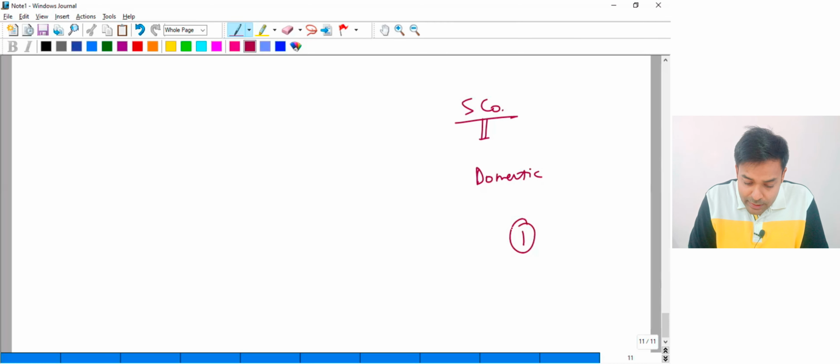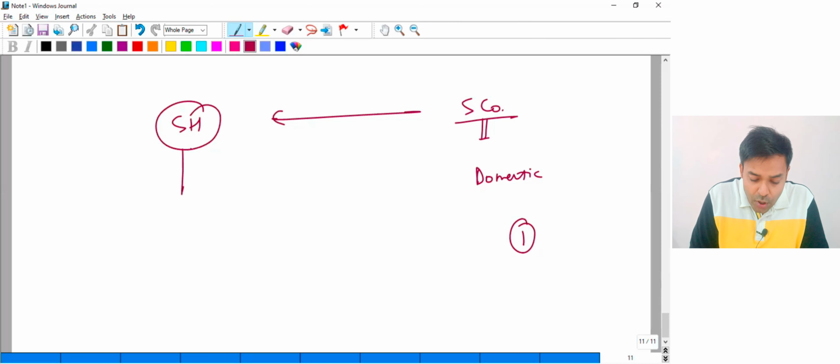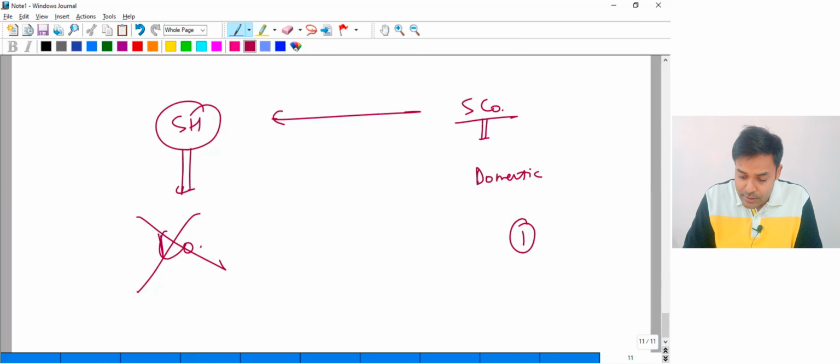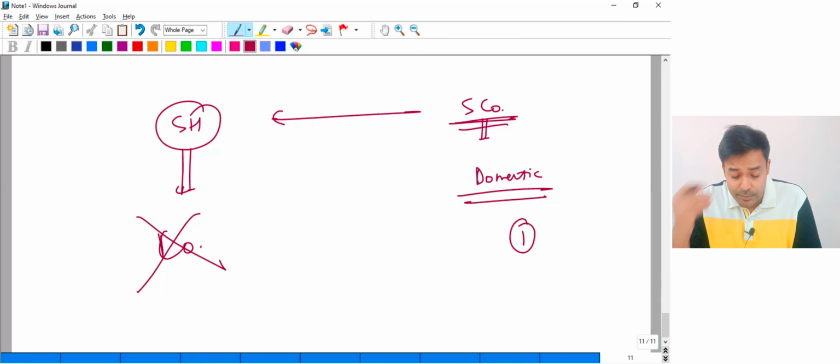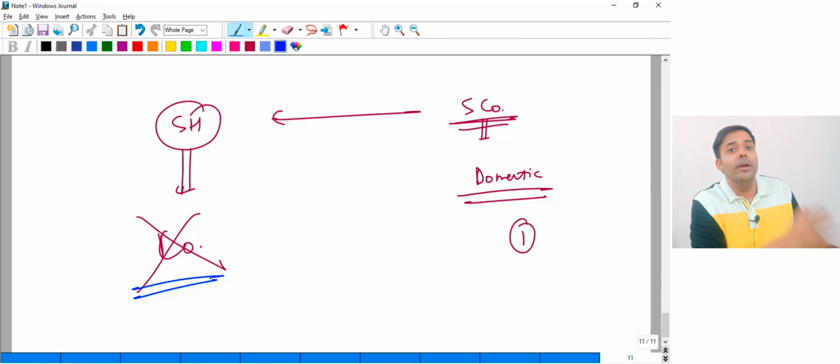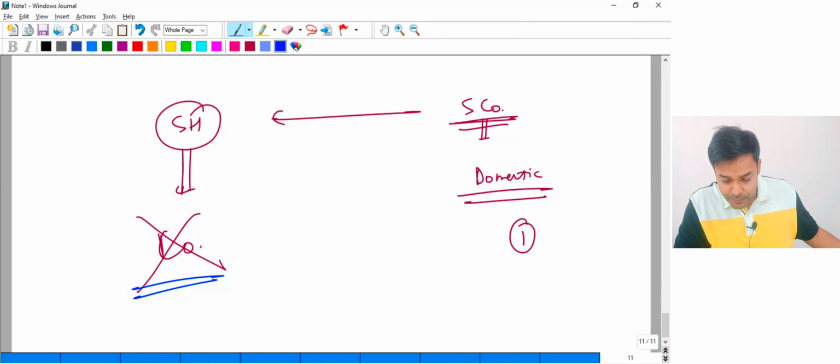In the fourth condition, we are saying that any of your shareholders should not be a company, even a domestic company. This first condition is about the S corporation being the domestic company. In this condition, we are talking about any shareholder being a domestic company. Hopefully this is okay. If you have any question, let me know.